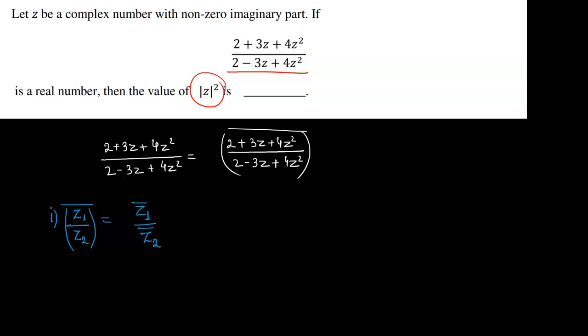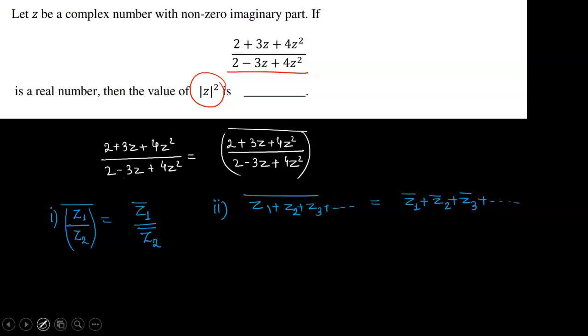And second one is that if we have a summation of many conjugates like that, then we can write it as this also. Okay, so these two properties will be used here.